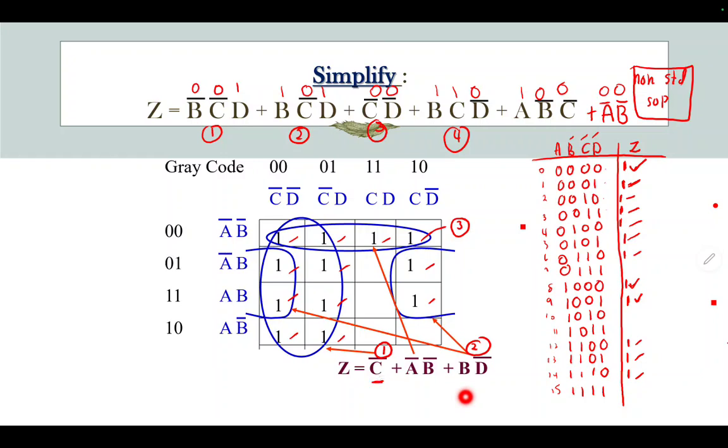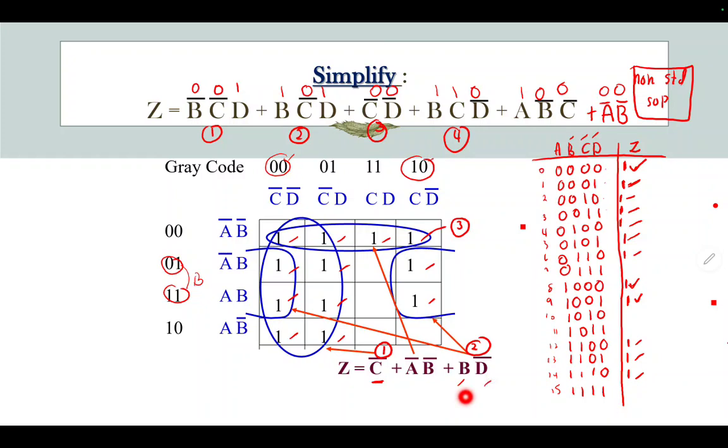For number 2, you have to compare here and here. Here you got only B, B is 1, so you got B. And then here and here you got D and D bar, so you got D bar.